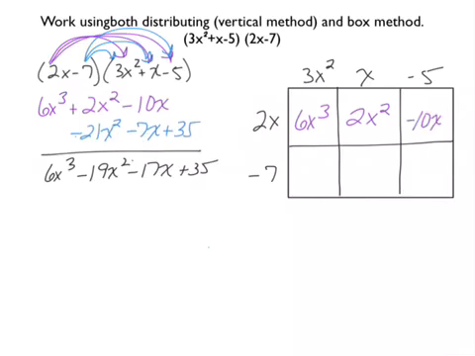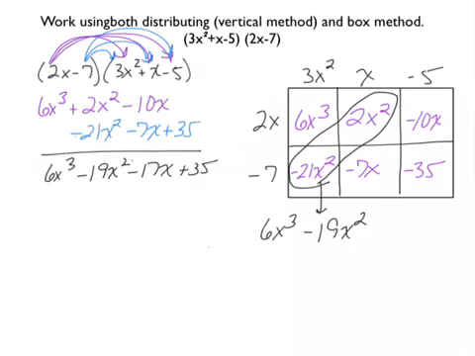Then we go down to the next row, -7 times 3x squared, -21x squared. -7 times x, -7x. -7 times -5, positive 35. And you'll see we're going to simplify here. And our final answer is 6x cubed minus 19x squared minus 17x plus 35.